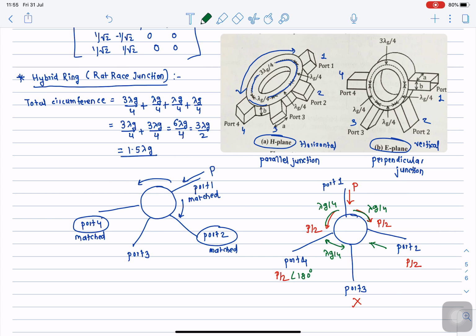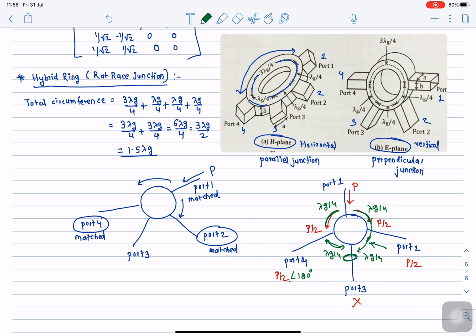So when these two signals come over here, this has traveled a total distance of lambda g by 2. This again has traveled a distance of lambda g by 2 in this way. But here the polarity is different. So when the same signals come over here with equal magnitude, they tend to cancel at port number 3, because both have traveled a total distance of lambda g by 2. Now here also it is lambda g by 2, right?